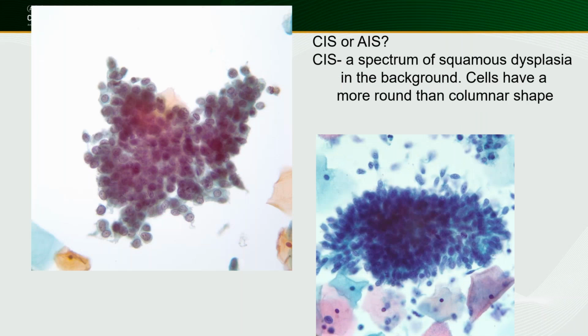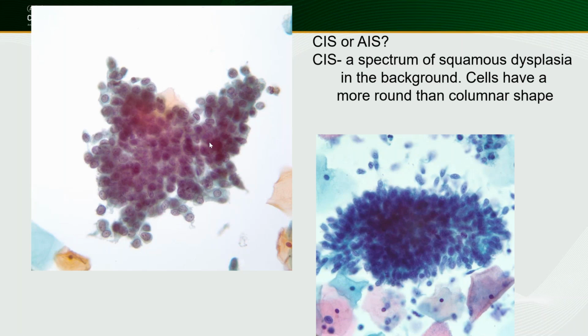And then CIS or AIS. CIS typically has a spectrum of squamous dysplasia in the background, and cells have a more round than columnar shape. But again, if you are at this differential, it doesn't really matter, because something needs to be done.